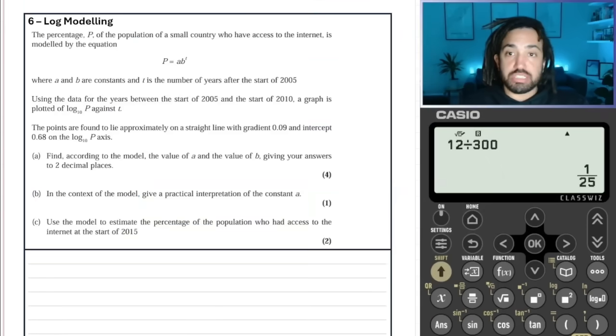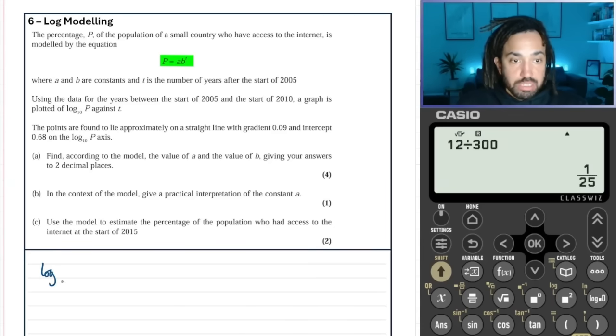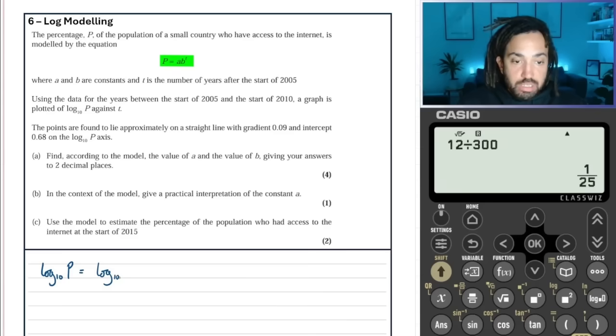Lovely. Question 6, and we've got log modeling. Now, with all of these questions, I always start by looking at the formula and then just taking logs of both sides. So we do log, and this is in base 10, because we can see here for all these base 10s, of p is equal to log base 10 of ab to the power of t.